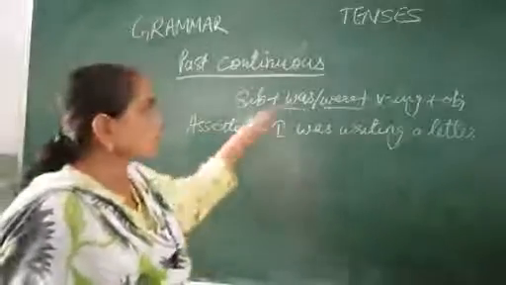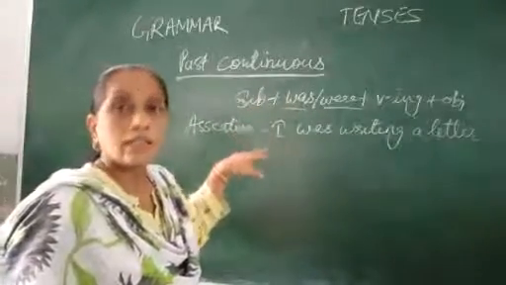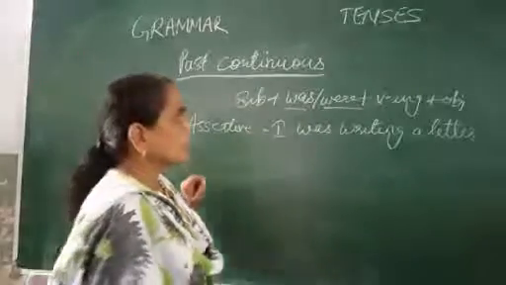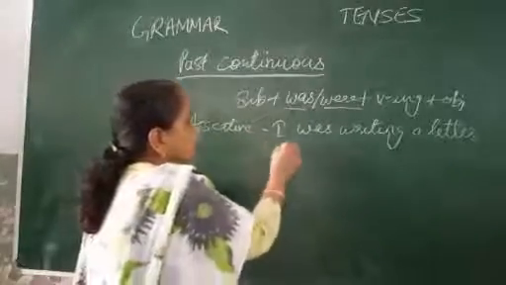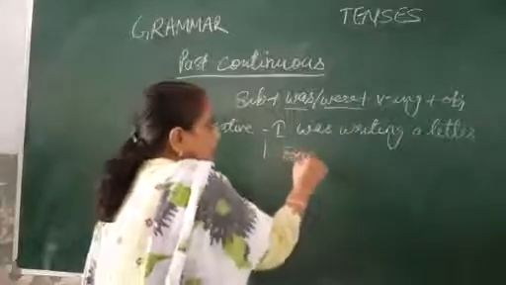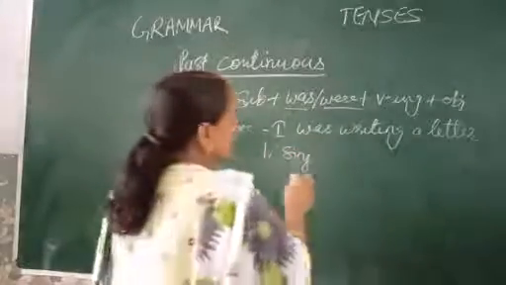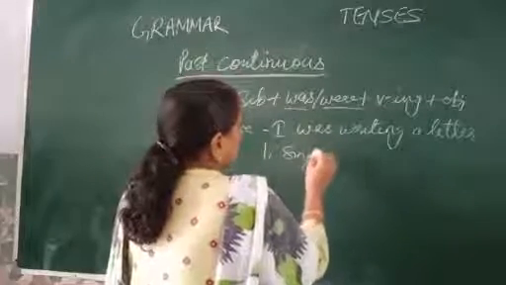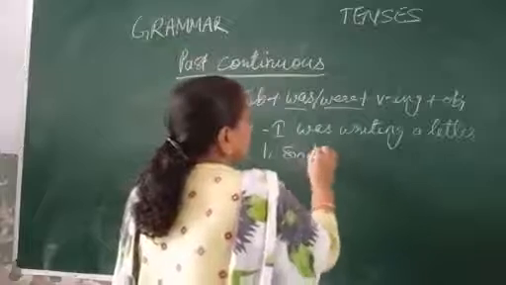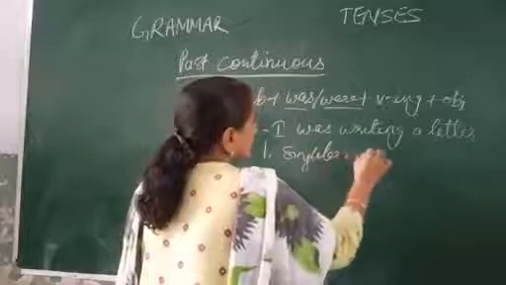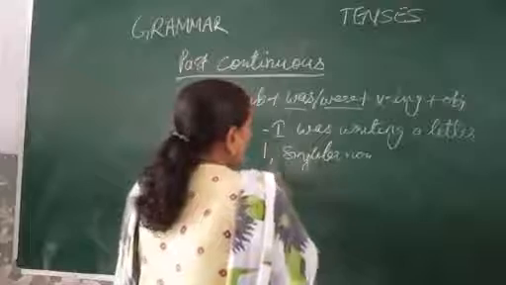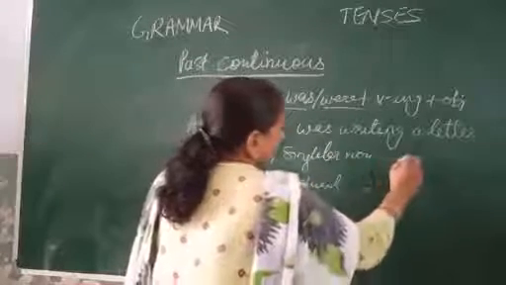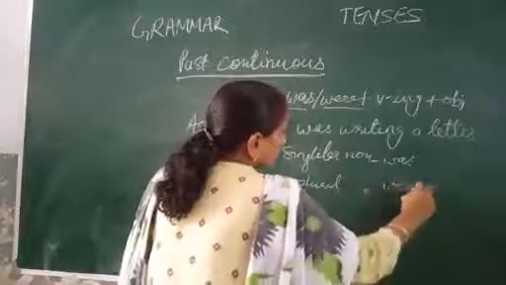Was is used with singular nouns as well as I. All the singular nouns and I carry was with it. She was, he was, it was raining heavily. Singular nouns and I carry was; you and all the plurals carry were. This is was, this is were.